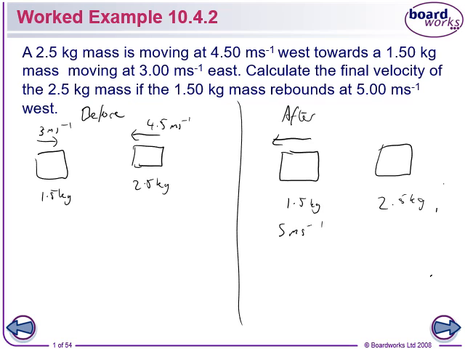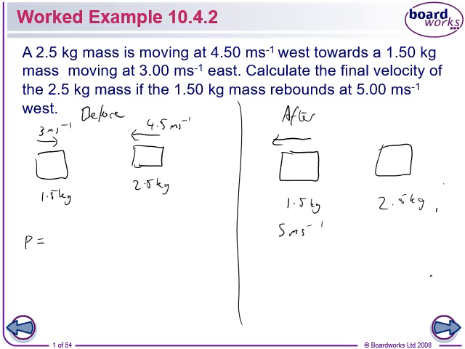So let's look over on our before side. Let's work out the total initial momentum. Which side should we call negative? Do you have a preference? West. West negative? All right.